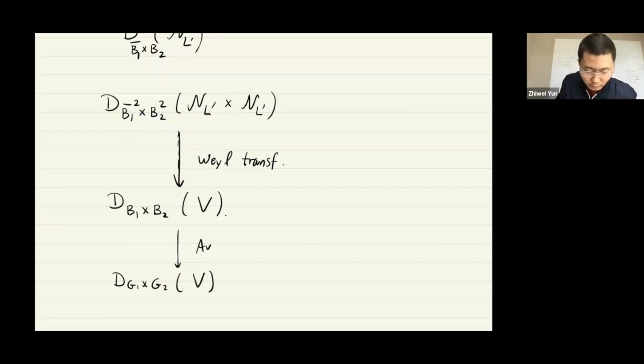Okay, so this is analogous to the construction of character sheaves, except I need to explain a little bit what this Weil transform is, sheaf theoretically.